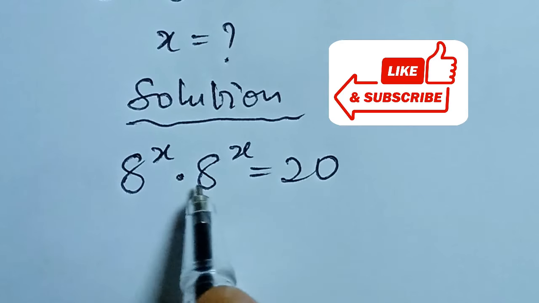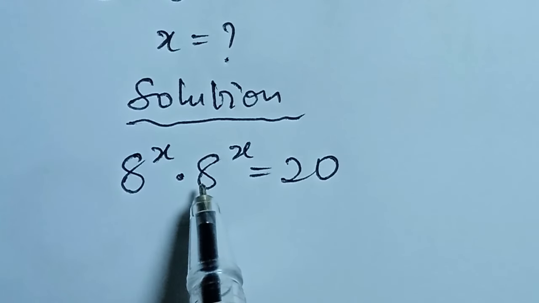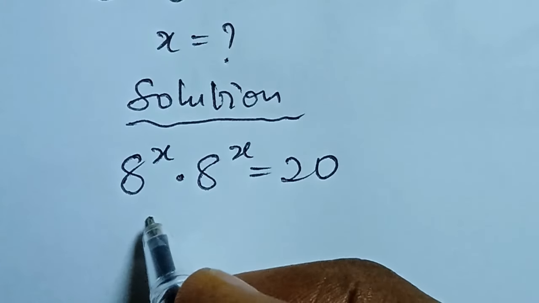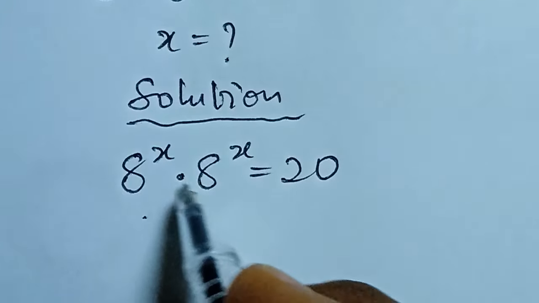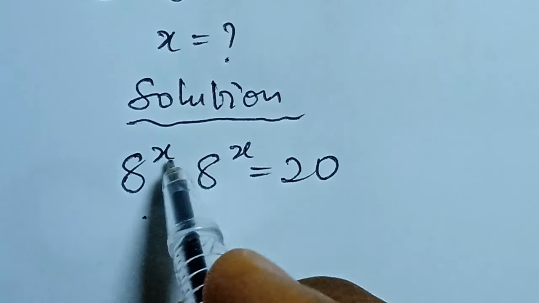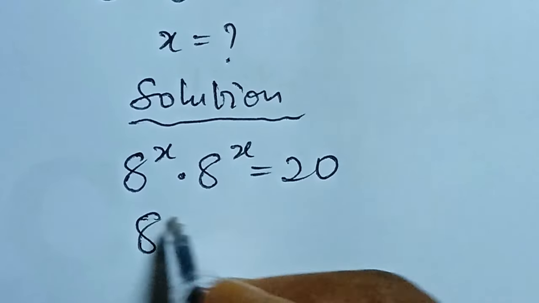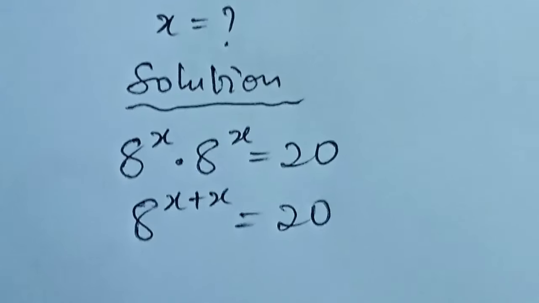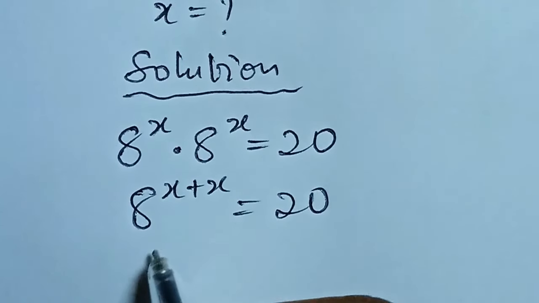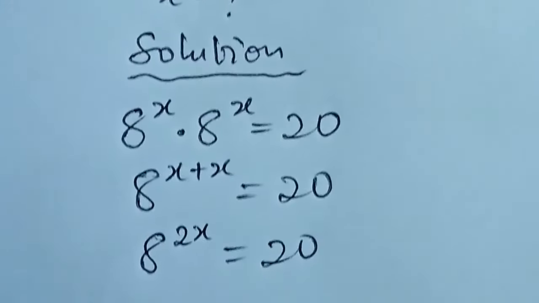So here we approach the left hand side with the exponential identity, which implies if we have this expression multiplied together, the resulting answer will give us the addition of the exponents. So we have 8 to the power of x plus x equal to 20. If we add the exponents, we have 8 to the power of 2x equal to 20.